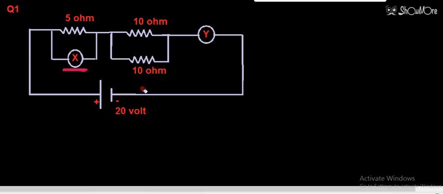Firstly, you have to identify the devices. Sometimes the examiner will name these devices, but sometimes he writes X, Y, Z like this.